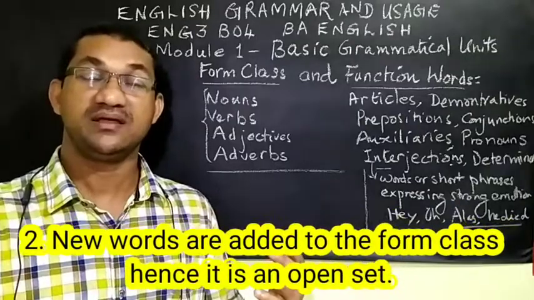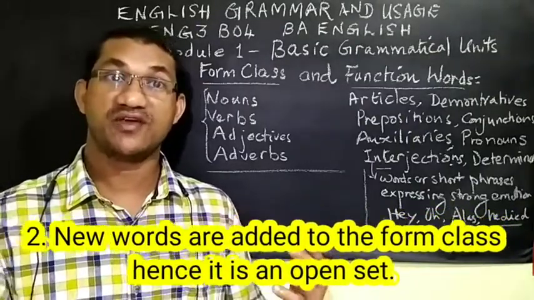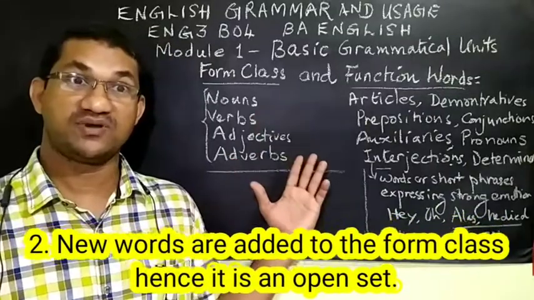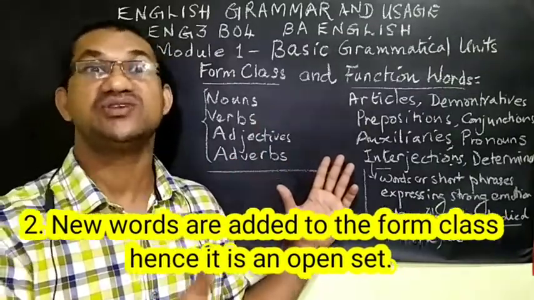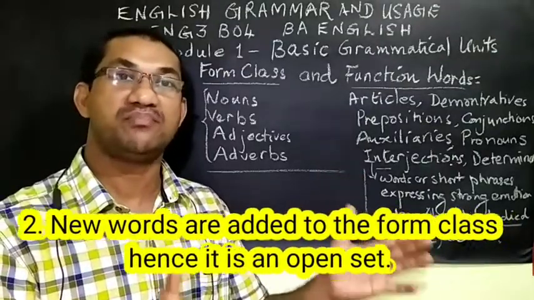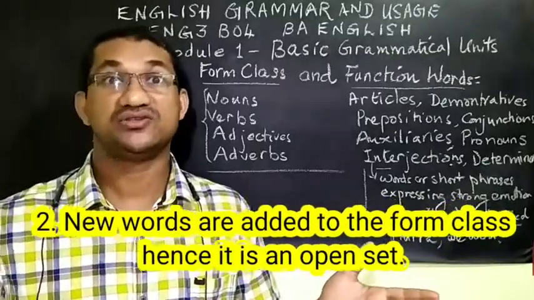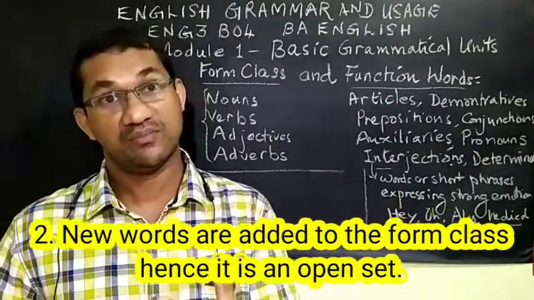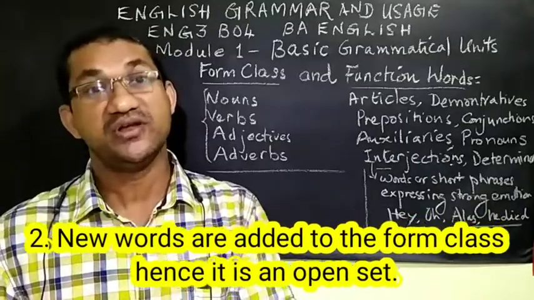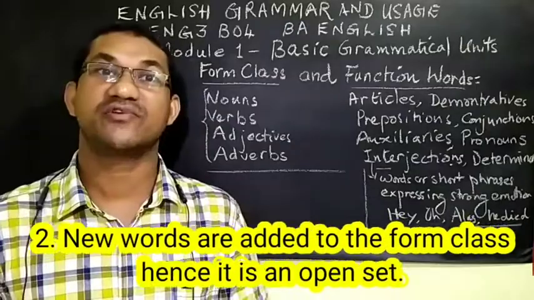Open set means the number of vocabulary items in form class goes on increasing day by day. Today we have 140 plus vocabulary items in the English language. Next day it increases by another 500 or 1000 vocabulary items.